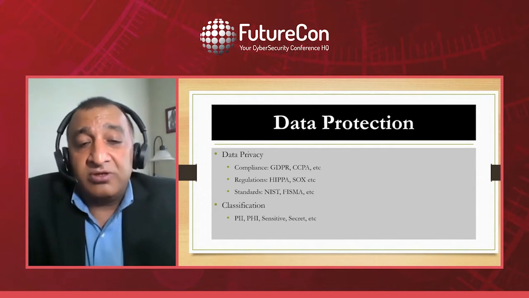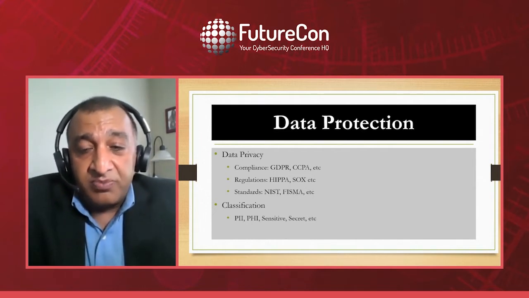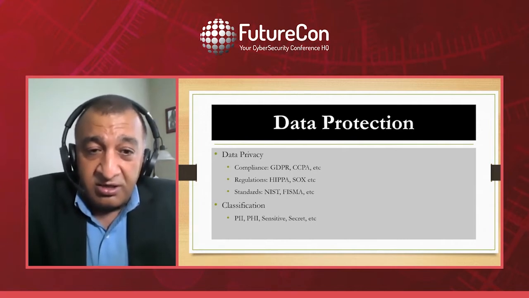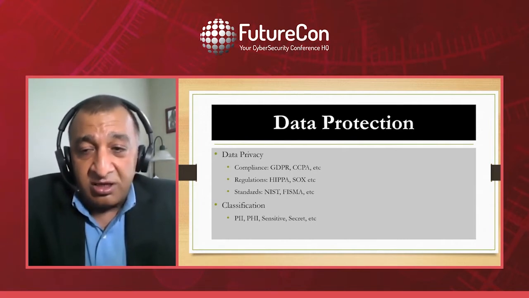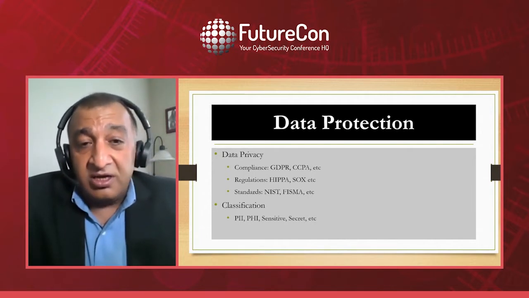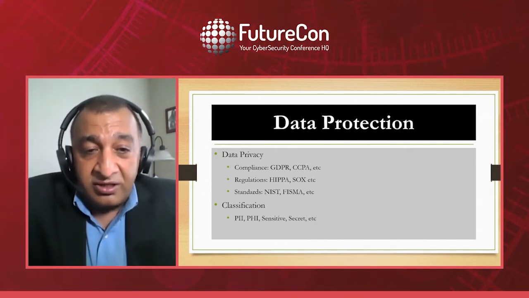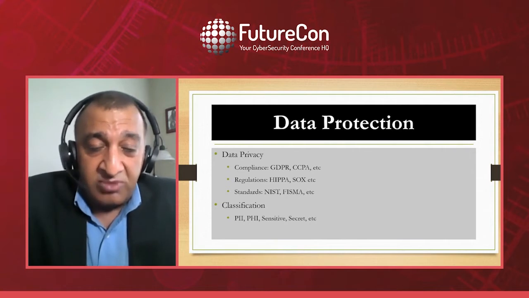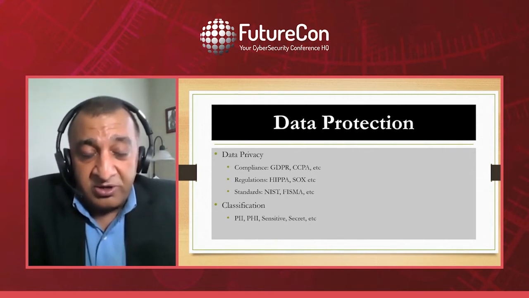So we need to be able to define the different levels of PHI and PII and group them into different classification brackets. And other things are your IP addresses and other sensitive assets that an organization might have. Where do you classify them?